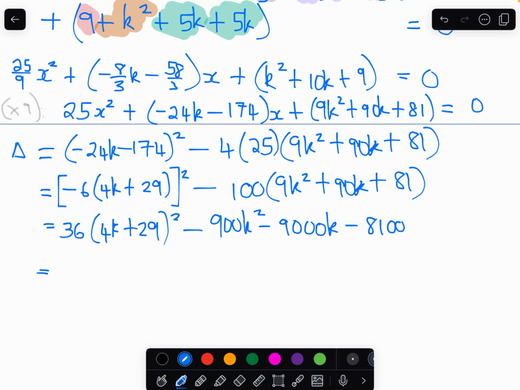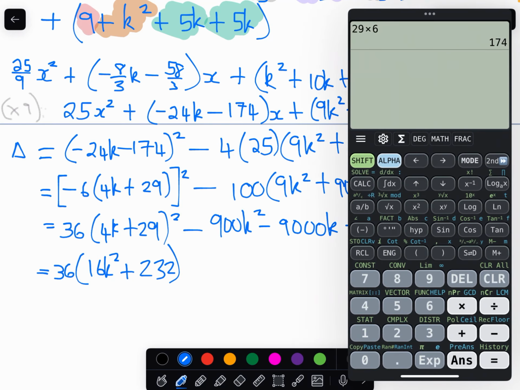And here we have 36 times 16k squared, and then 4k times 29 and 4k times 29. So that's 29 times 8, which is 232. Double check. Okay, 29 times 8 is 232. Yay. And what is 29 times 29?